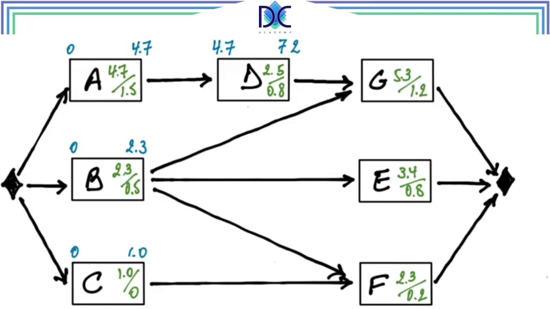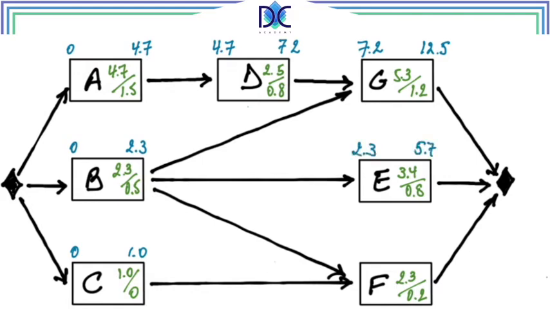We do the same for G in this case first. We go from 7.2 because we have 2 predecessors, D and B, and we take the highest value, which is 7.2, and the end time of G is 12.5.